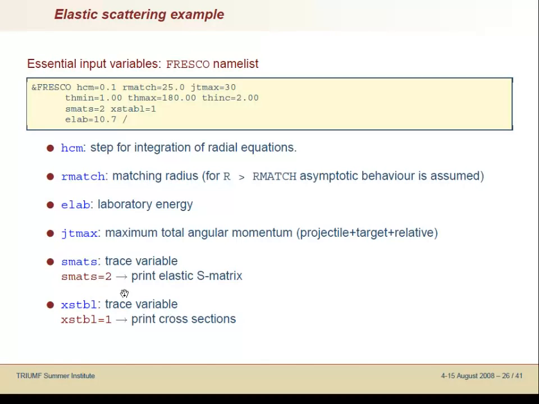Some of these trace variables give more and more information as you increase this number. For the S matrix, if you go to the manual, the lowest value corresponds to the elastic S matrix. You put 3 or 4, then it will give also the inelastic S matrix, so it goes in increasing. The amount of information is related to the number here. And this is the cross-section table. That is to say that we want to have also the cross-sections.